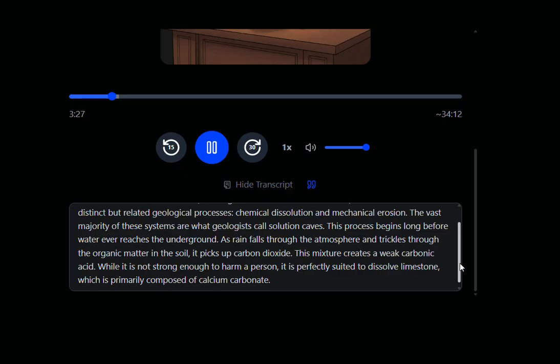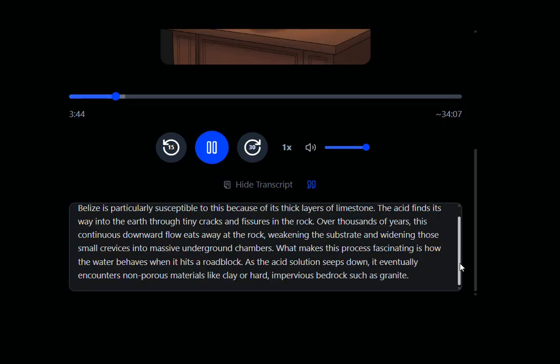As rain falls through the atmosphere and trickles through the organic matter in the soil, it picks up carbon dioxide. This mixture creates a weak carbonic acid. While it is not strong enough to harm a person, it is perfectly suited to dissolve limestone, which is primarily composed of calcium carbonate. Belize is particularly susceptible to this because of its thick layers of limestone.